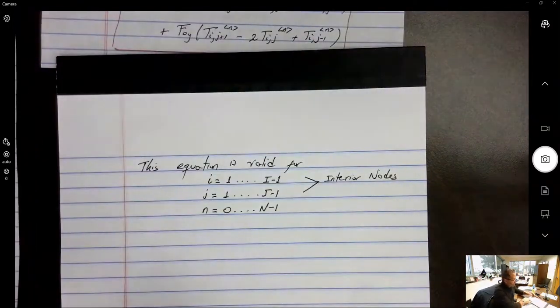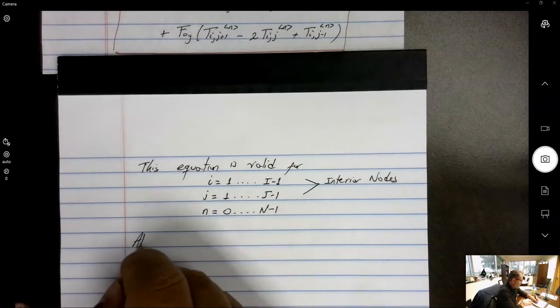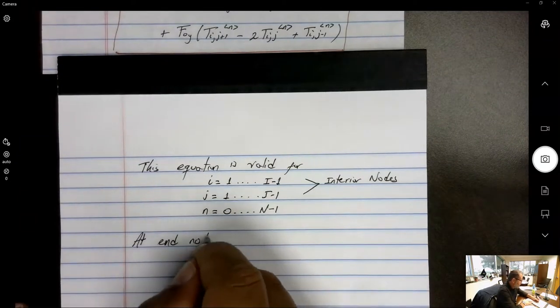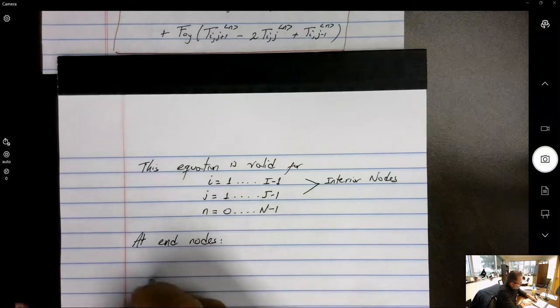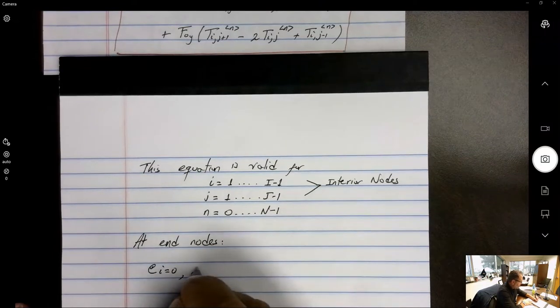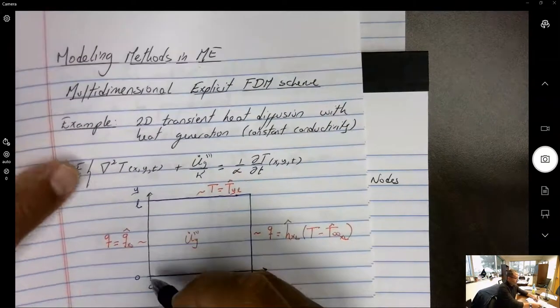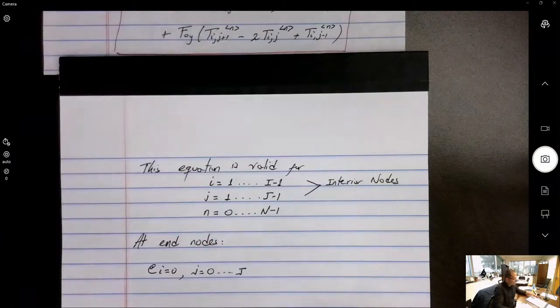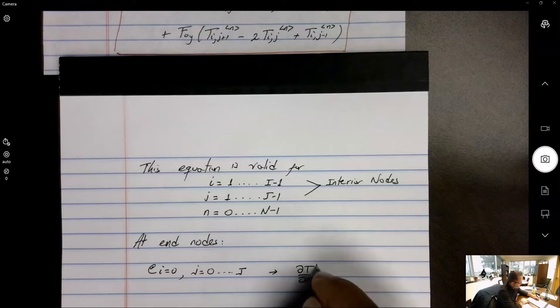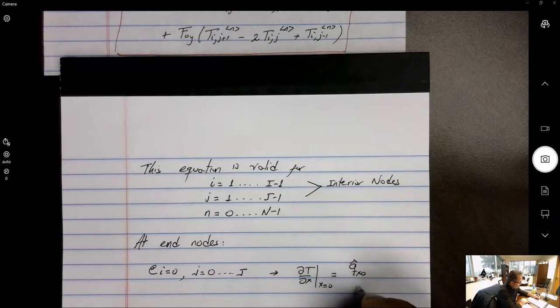So basically what happens is that at nodes where i is equal to 0 and j goes from 0 to J, that would be all the nodes along the left wall, we use dT/dx at x equals 0 equals q_x0 over k.